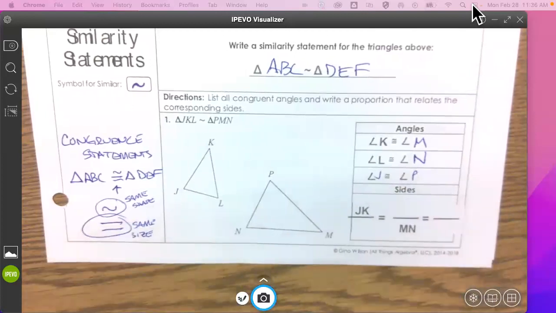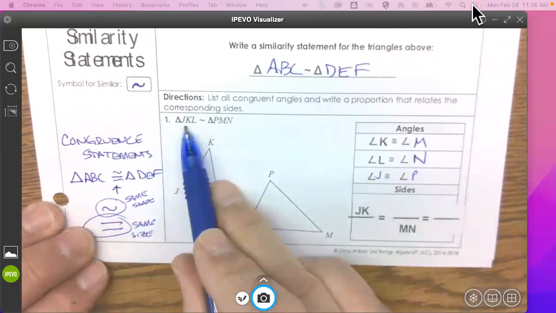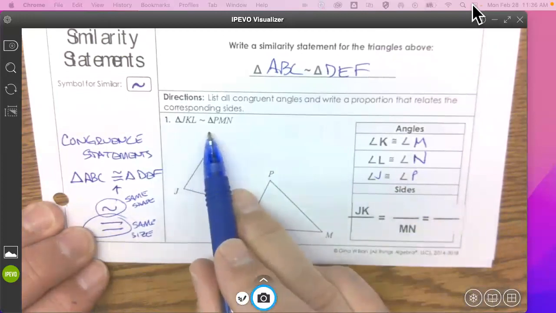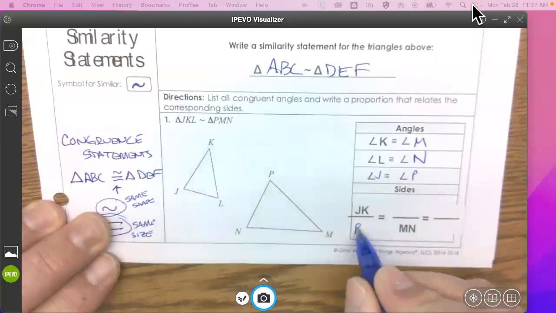However, let's go down to the sides now. Remember that sides aren't congruent. They're suffering some same scale factor in their change, which means that they're proportional. So JK, the first 2 letters, matches with or corresponds with what side length over here? PM.